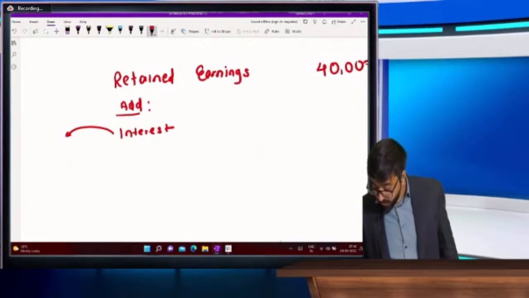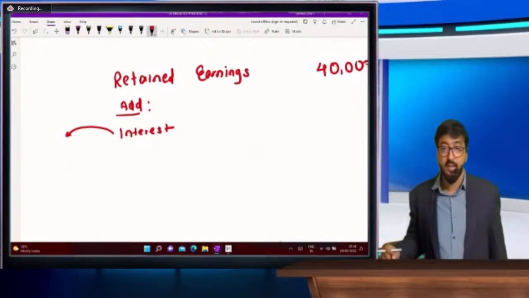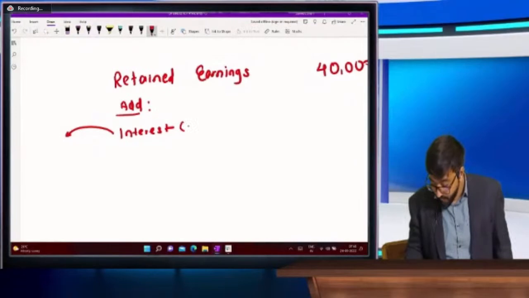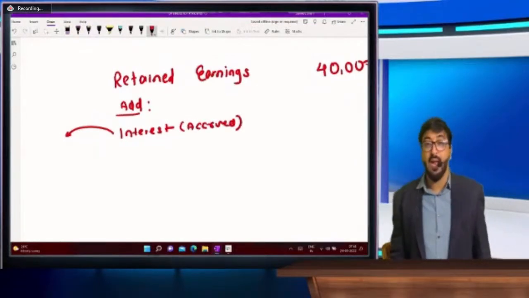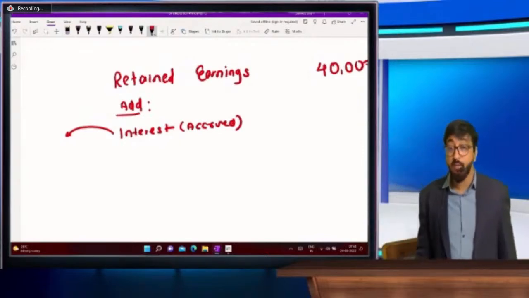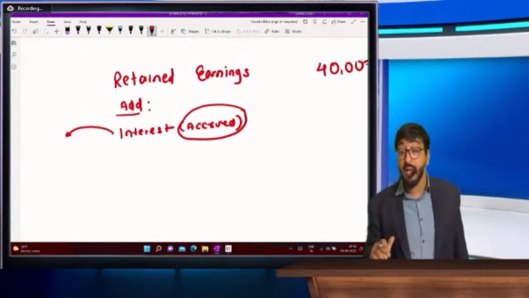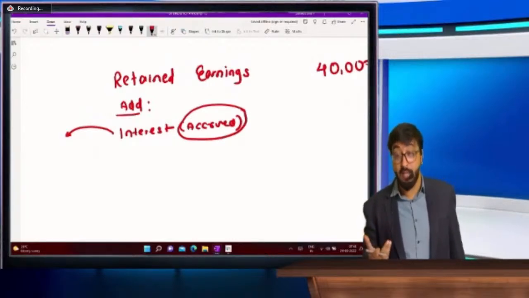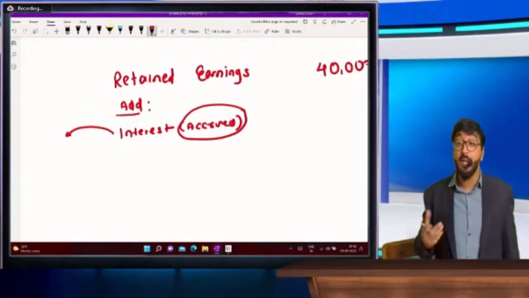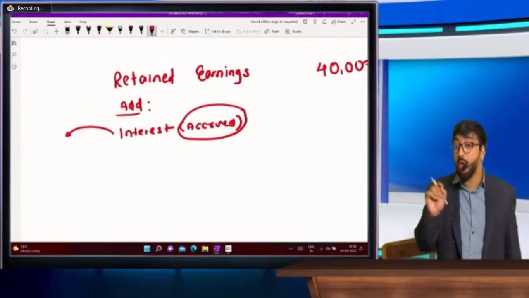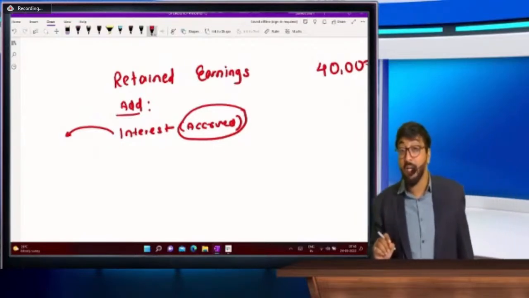And this is accrued interest. Why we are adding accrued interest? See, the difference between accrued and payment are different. Here we are calculating operating profit before working capital changes. So that is accrued operating profit.